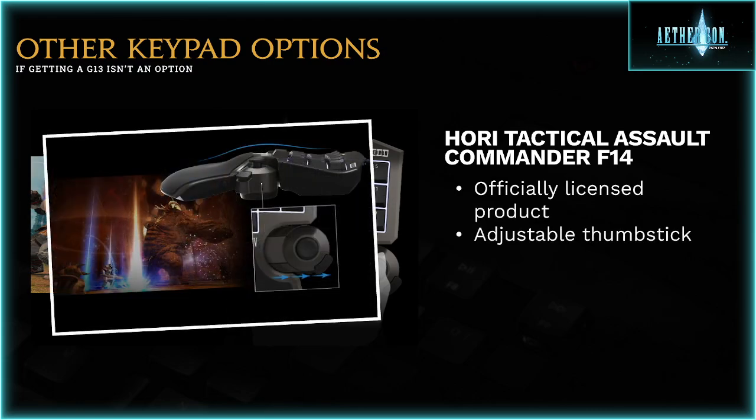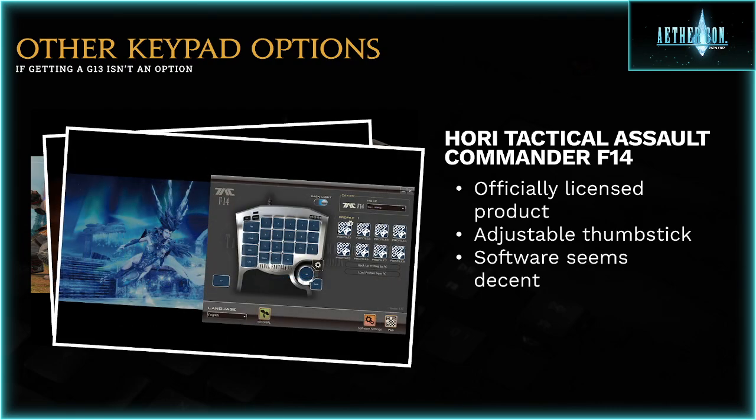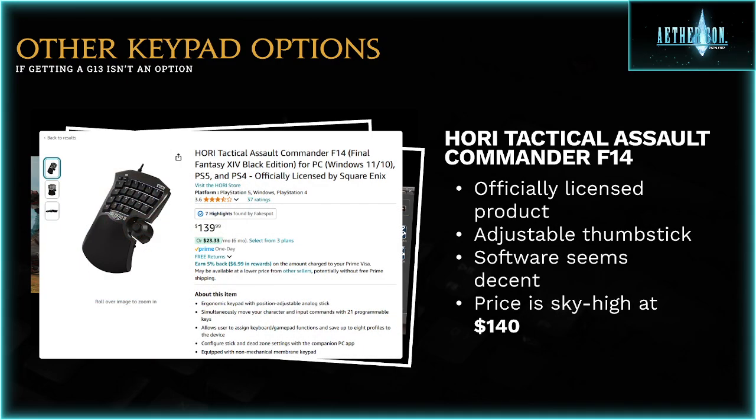It's got an adjustable thumbstick, and the software seems decent. I haven't tried it myself because it's kind of expensive. It's $140. So you spend 60 to 100 on a G13, used, but I can vouch for it. Or maybe you get something like this and you can just buy it on Amazon.